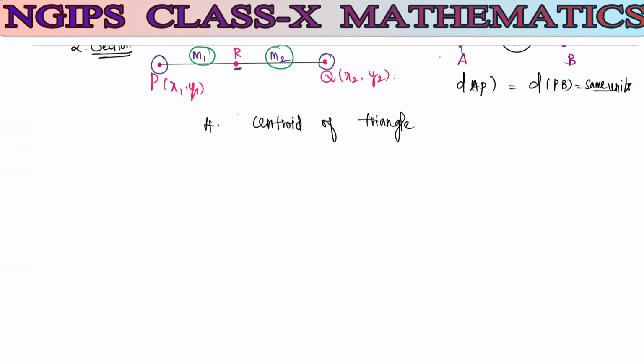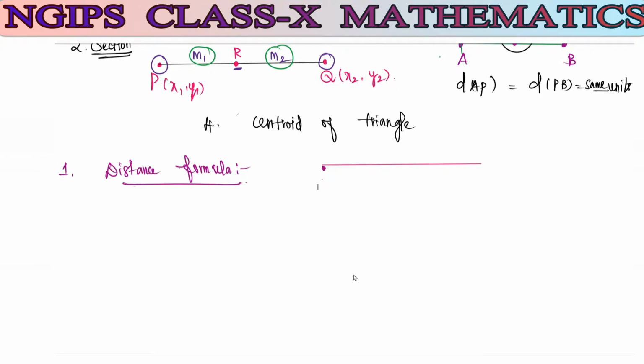Now first we are going to discuss the distance. The distance formula is very clear. A point x1 comma y1, and here we have B x2 comma y2.